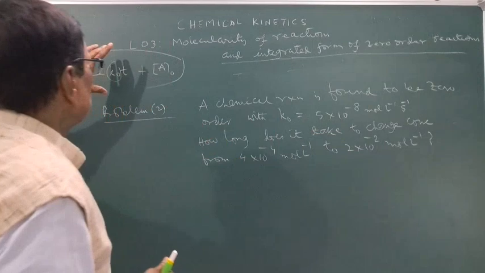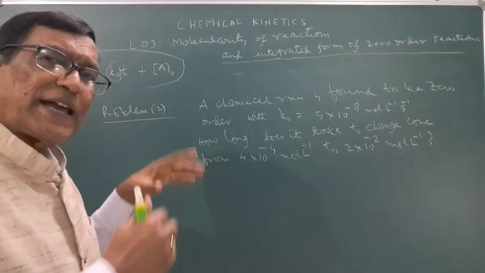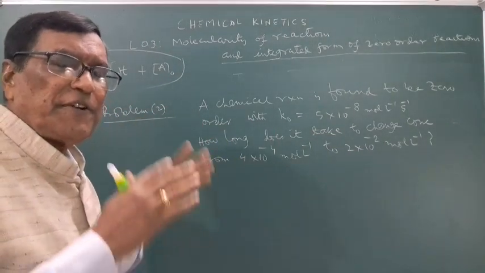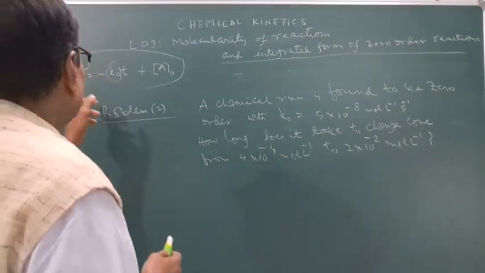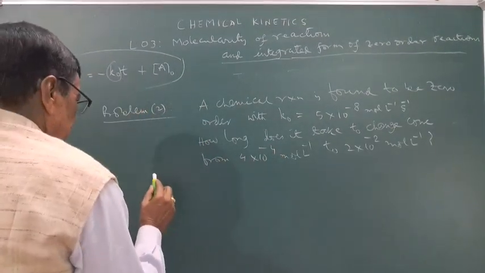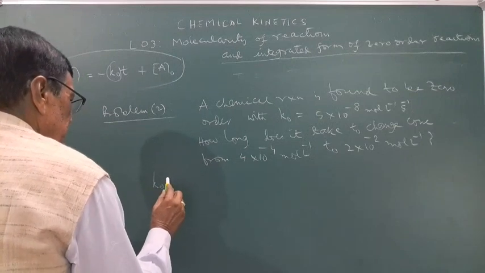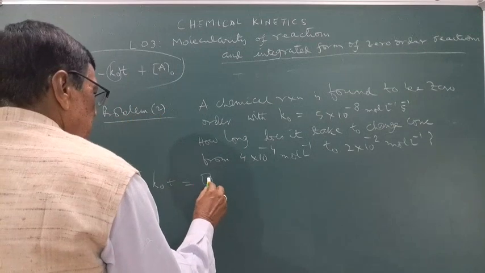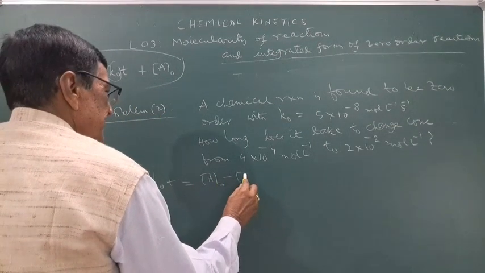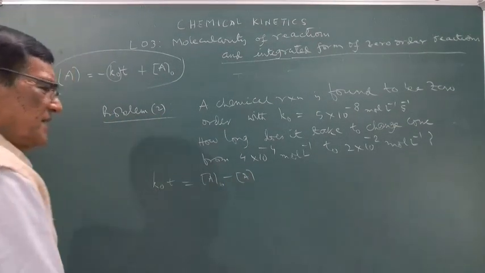So from this equation we can calculate the value of this time for that change. Here K naught T equal to A naught minus A concentration.